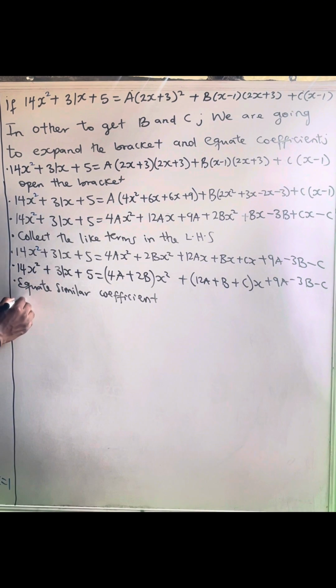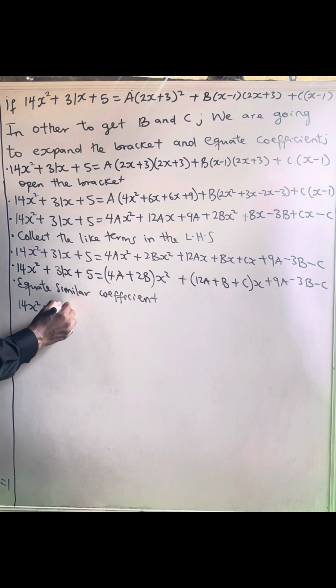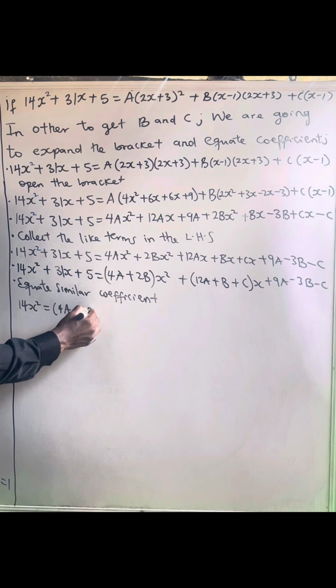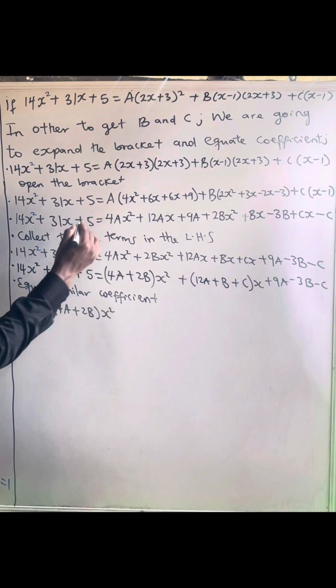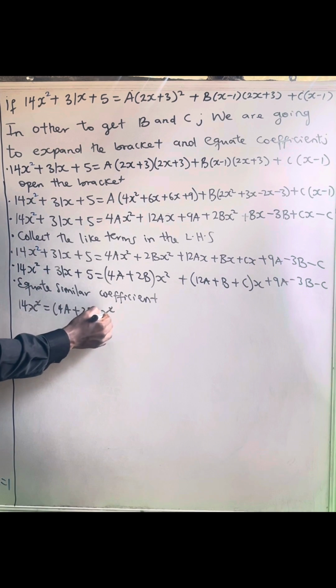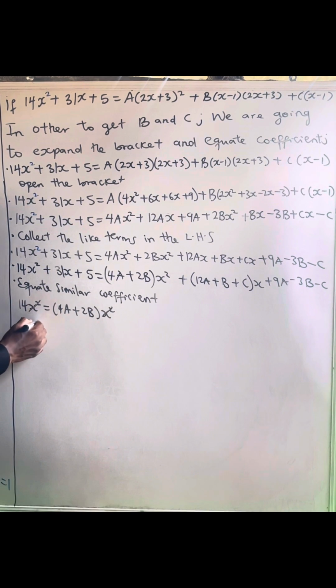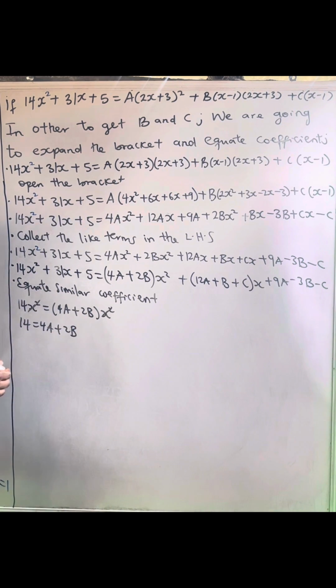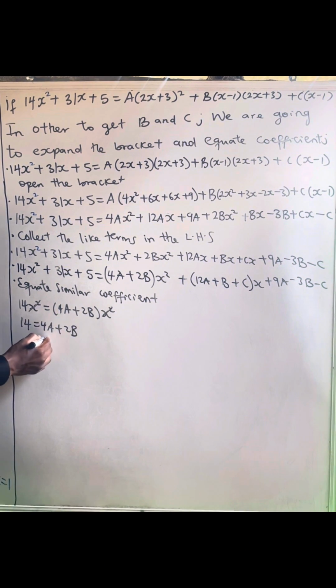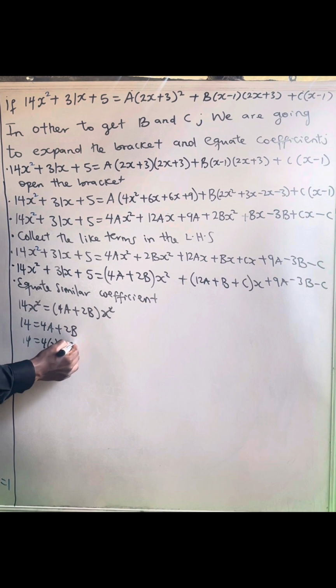So while equating similar coefficients, this is 14x squared, this is this. So that will just be 14x squared equals 4a plus 2b x squared. So this x squared will cancel this x squared. That will then be 14 equals 4a plus 2b. But don't forget that from the beginning of this question, we got our a to be 2. So therefore, that will just be 14 equals 4 times 2 plus 2b.